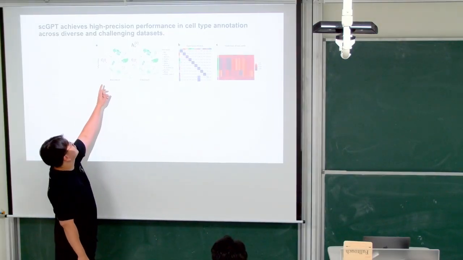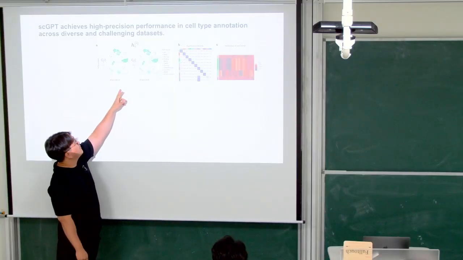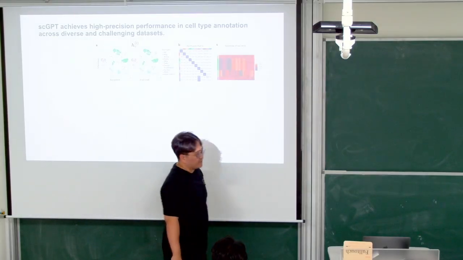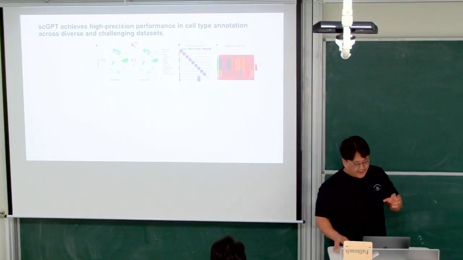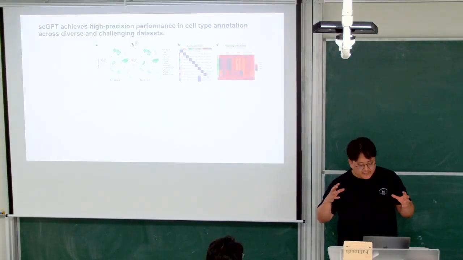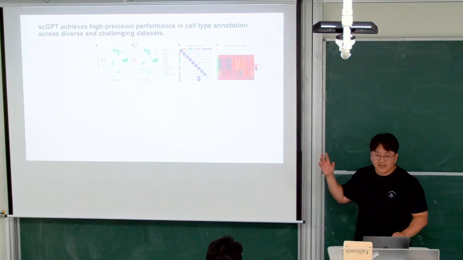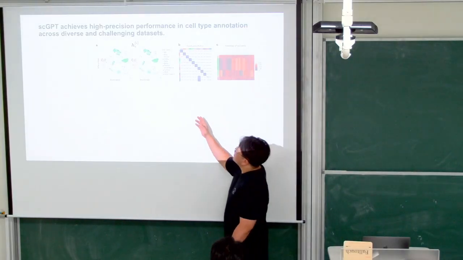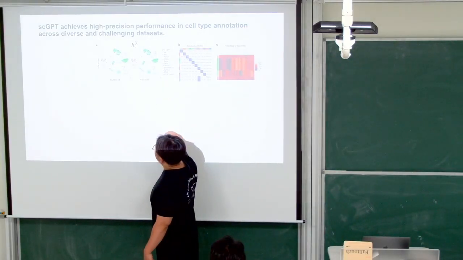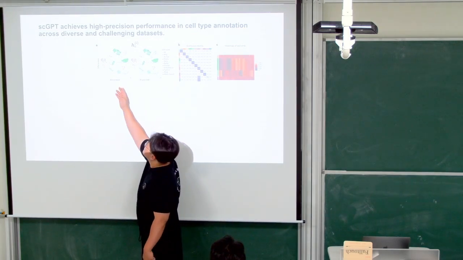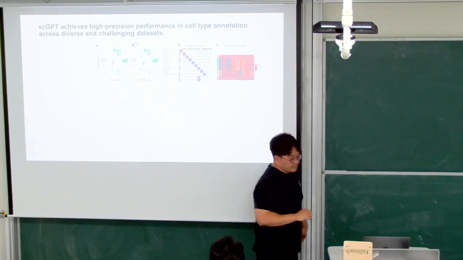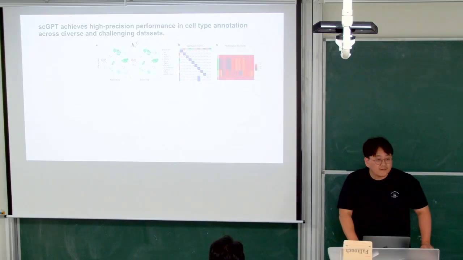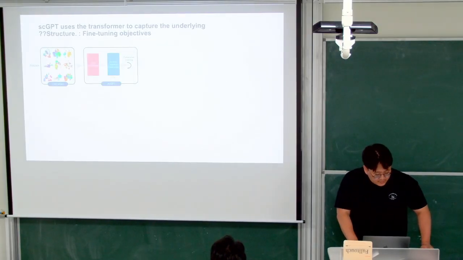After applying UMAP to this cell embedding, they get this UMAP embedding, and they added an additional classifier to predict the cell type. They calculate the accuracy of the predicted cell type by comparing with the original annotation. And I think it worked well, right?